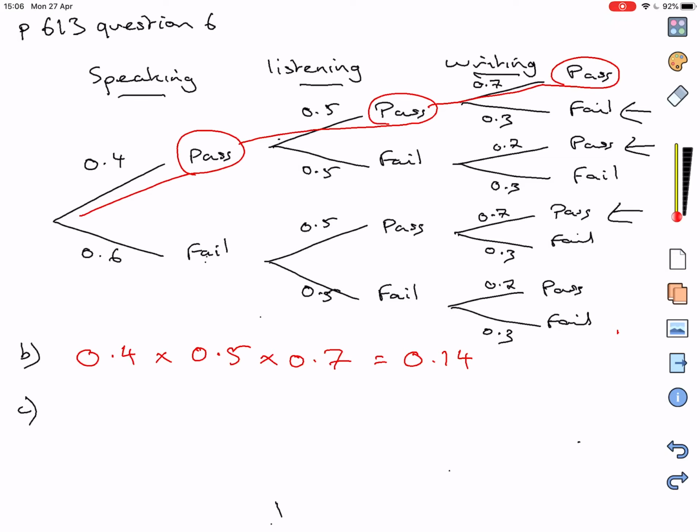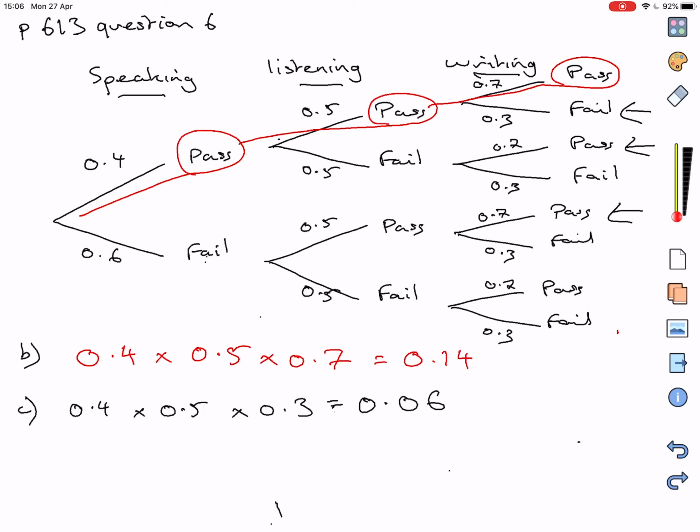So the first one is 0.4 passing speaking times 0.5 passing listening times 0.3, which is failing writing. Hang on, let's just do that on my calculator, my brain's gone a bit funny. 0.4 times 0.5 times 0.3 is 0.06. Yes, 1 decimal point out, beg your pardon. 0.06.